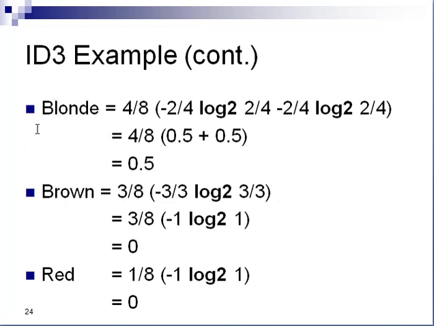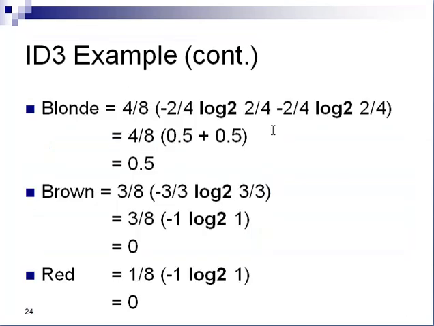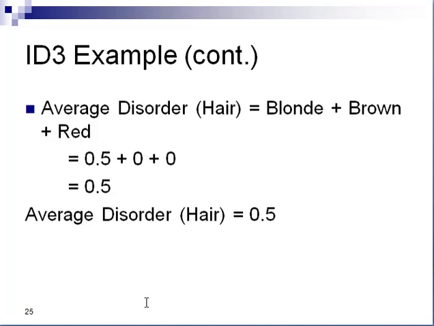On the basis of these attribute values and occurrences, we can calculate our average disorder. First we calculate for blonde, then for brown, and then for red. For blonde it will be 4 by 8 because there are 4 occurrences out of 8, and then we use the same equation from the previous slide and put in the corresponding values. For blonde it comes out to be 0.5. Similarly, for brown this comes out to be 0, and for red it also comes out to be 0.